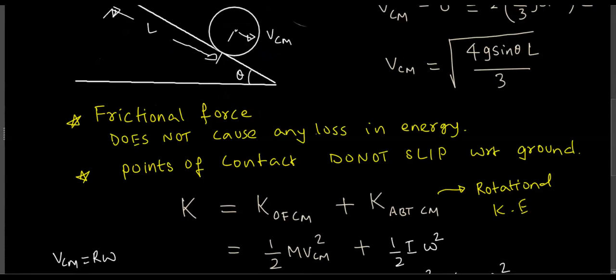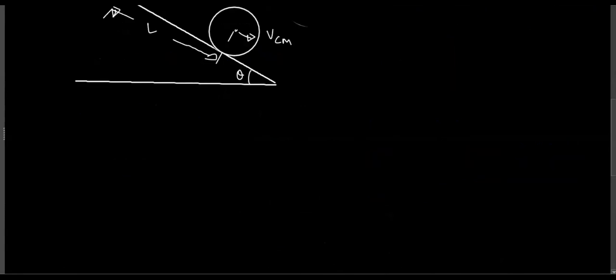The kinetic energy of the rolling object is kinetic energy of center of mass, which is half m v_cm square, plus kinetic energy about center of mass, which is rotational kinetic energy, half I omega square. That way you will have a logical group to remember, so it becomes easier.